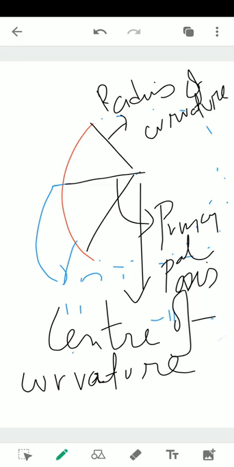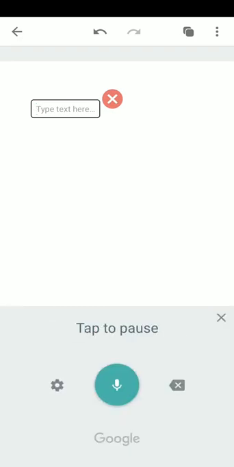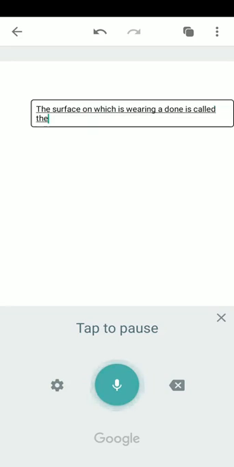So let us start by understanding what is silvered surface. I'm going to formally define all of this. So let me just bring up the text symbol and type in here.